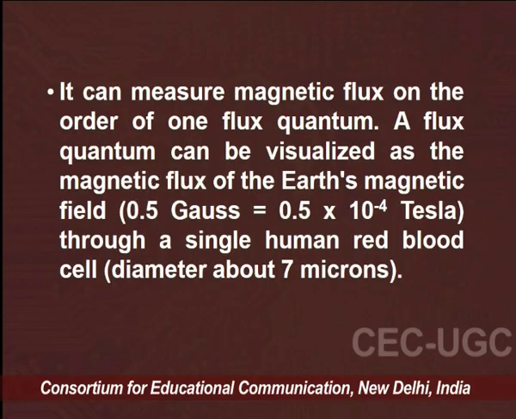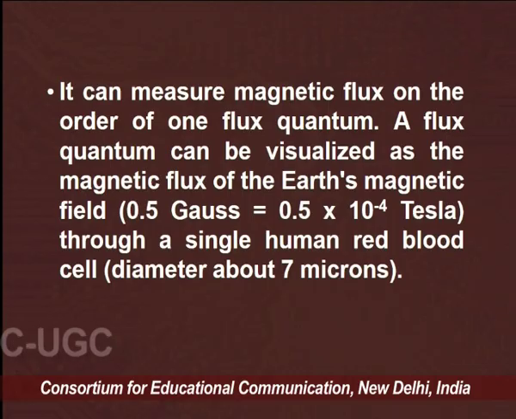SQUID magnetometer sensitivity can be measured, and it is the most sensitive measurement device known to man. According to John Clarke, one of the developers of the concept, he evokes the following images to illustrate its sensitivity. It can measure a magnetic field on the order of one flux quantum.